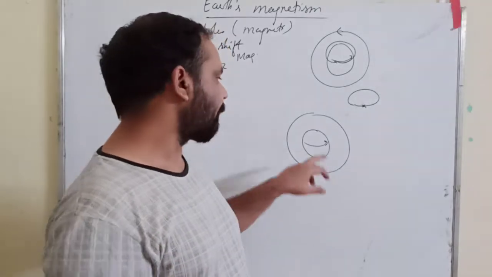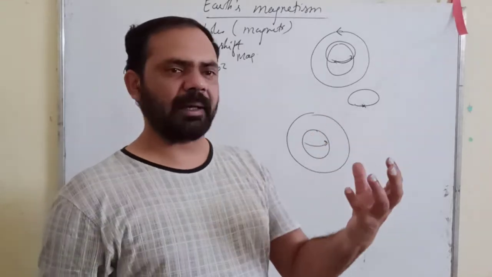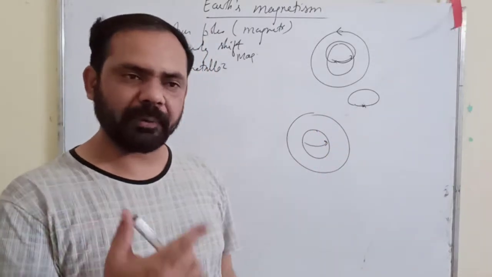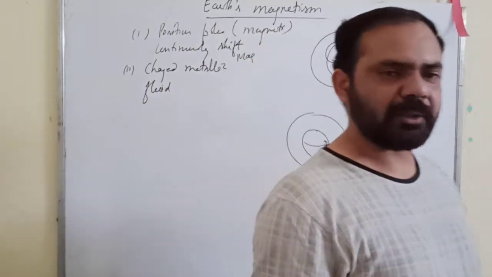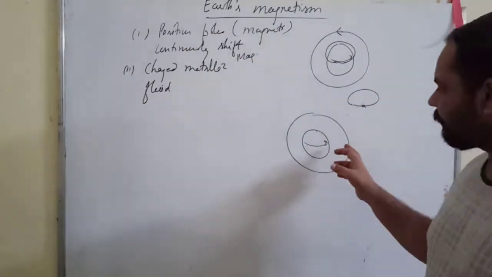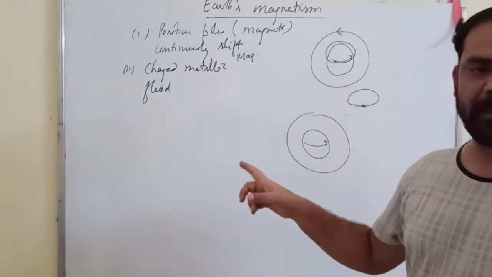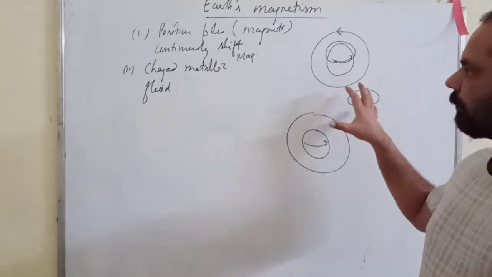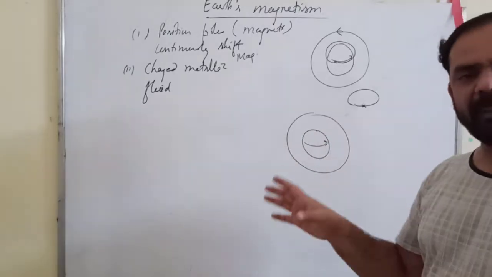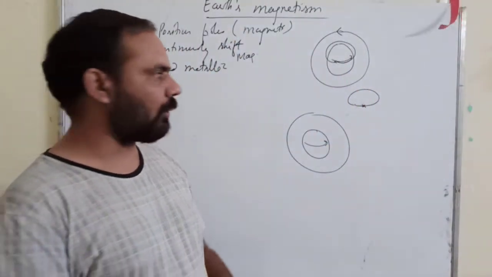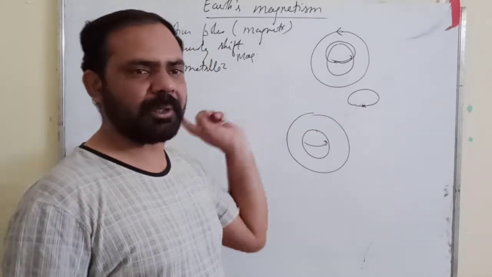At this high energy, when they are revolving on the circular path, they have charged particles in them. Because of the revolution of those charged particles, earth gets its dipole moment. Now the three theories are different, but one thing is common: for all the theories, the reason is the rotation of earth.